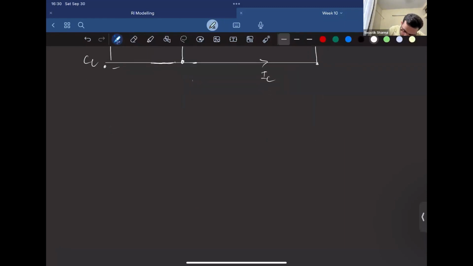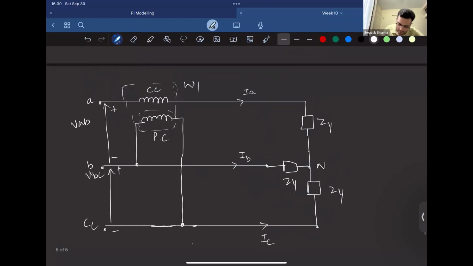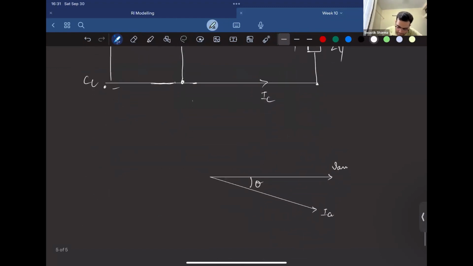We know, let's take phase voltage across A as a reference. We know the current IA will lag this by some theta, which is dictated by this load, right?